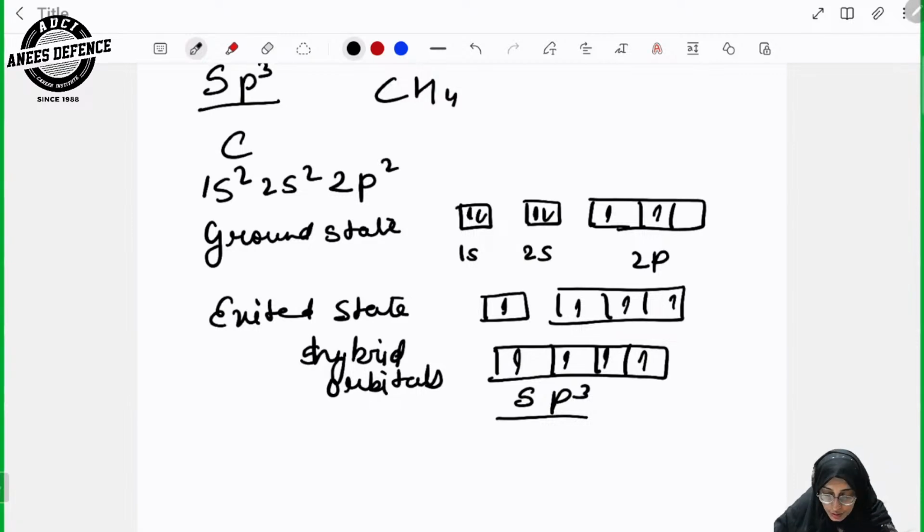Here one electron from the 2s orbital of the carbon atom is excited to the 2pz orbital. Then four hybrid orbitals are formed.